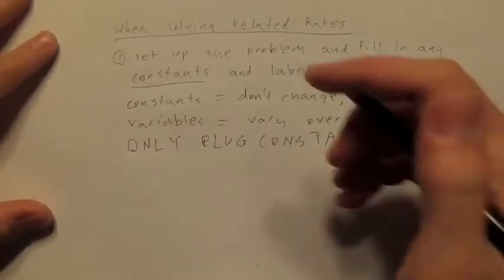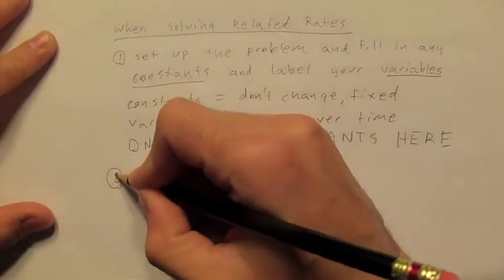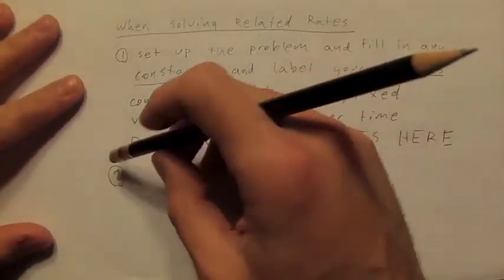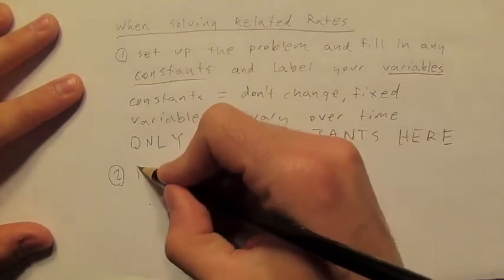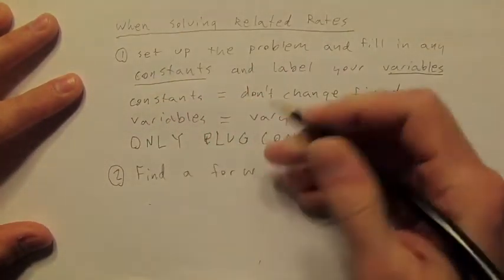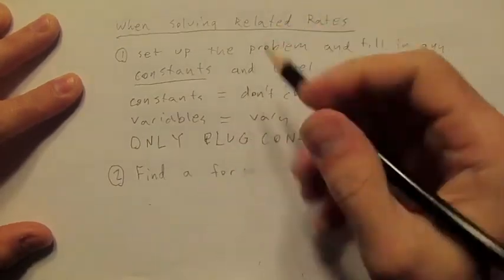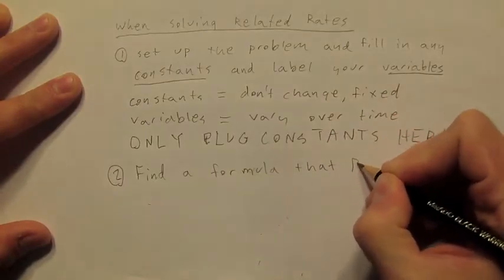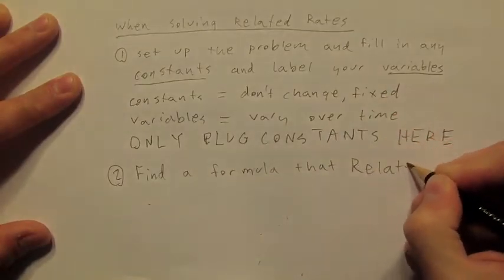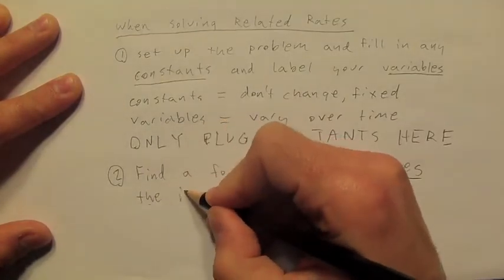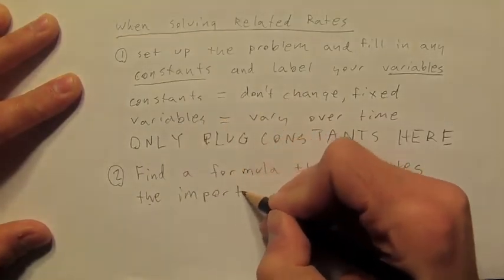Okay, step 2 then is get or find a formula that relates the important quantities.